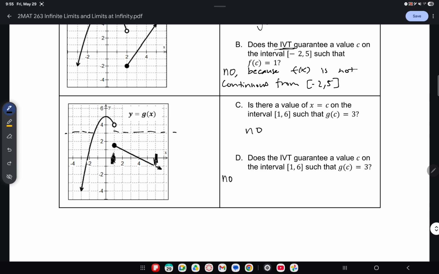So that's not in the range of it. So no, IVT doesn't guarantee a value because g of c equaling 3 doesn't occur on this interval.